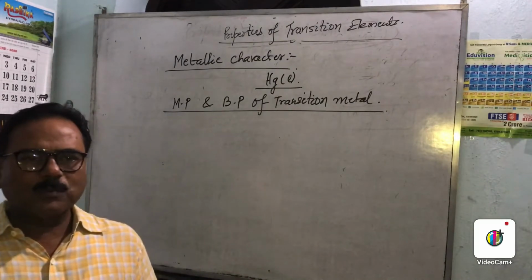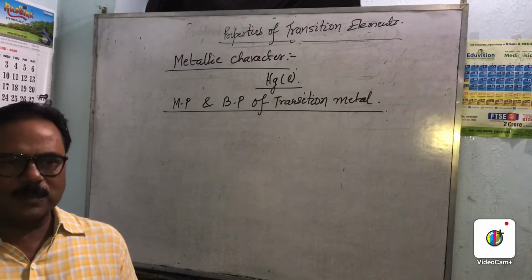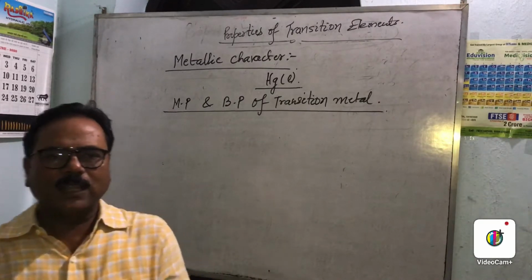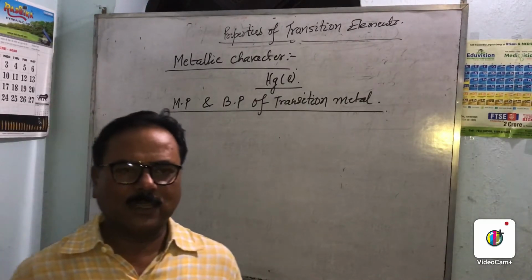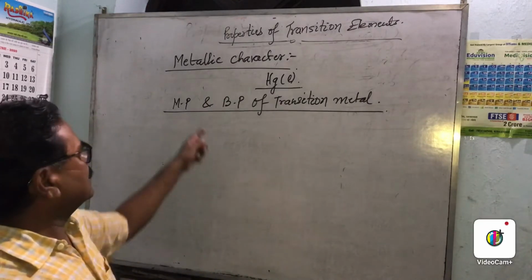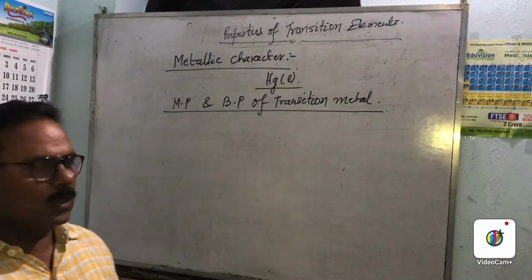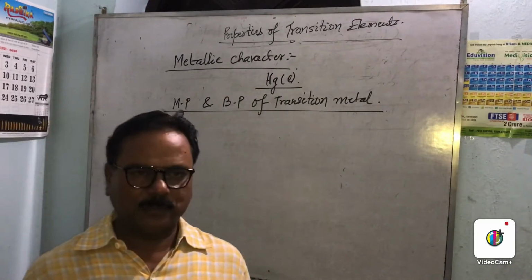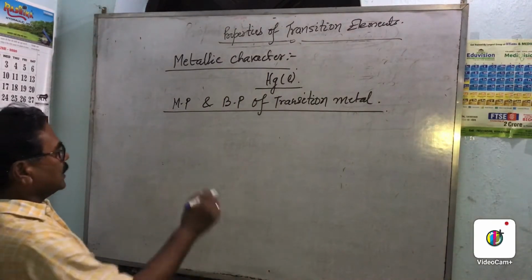When you talk about a metal, then melting point is a matter we understand, that a metal will melt. That's why we consider the melting point and the boiling point. Although in the book stress is given on the melting point.